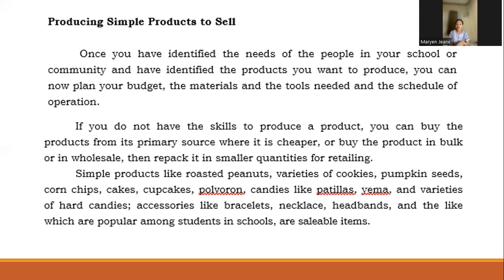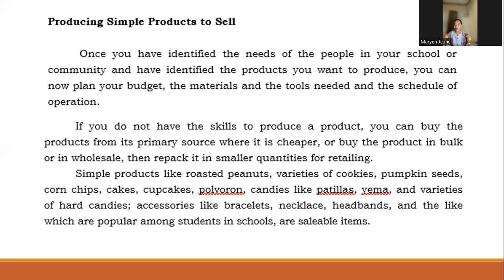Simple products like roasted peanuts, varieties of cookies, pumpkin seeds, corn chips, cakes, cupcakes, polvorone, candies like pastillas, yema, and varieties of hard candies, accessories like bracelets, necklaces, headbands, and the like, which are popular among students in schools, are saleable items. Nowadays, very saleable in social media are clothes, no?